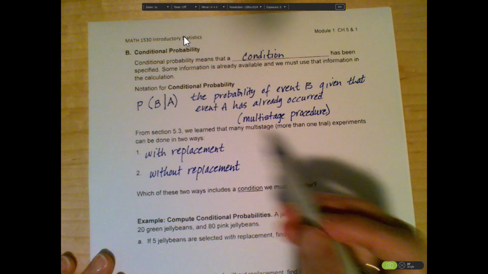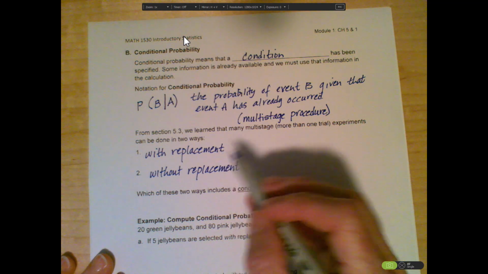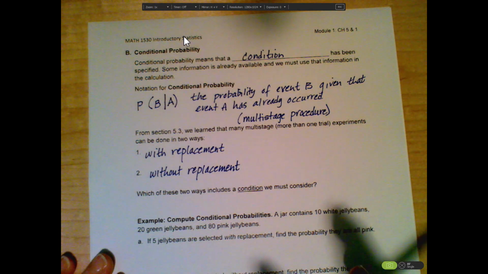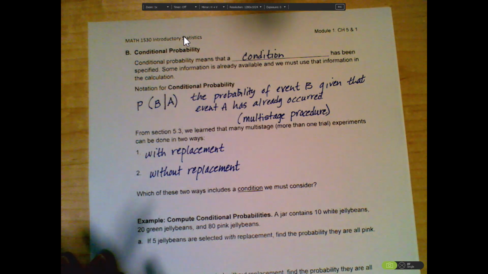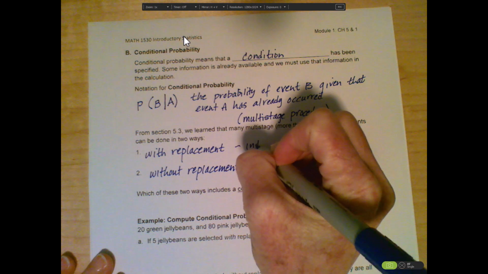So do you remember with replacement, would that be independent events or dependent events? Remember, with replacement would be like you put the ball back in the urn before you draw a new one out. So you're starting over from the beginning every time. So that one would be independent events.